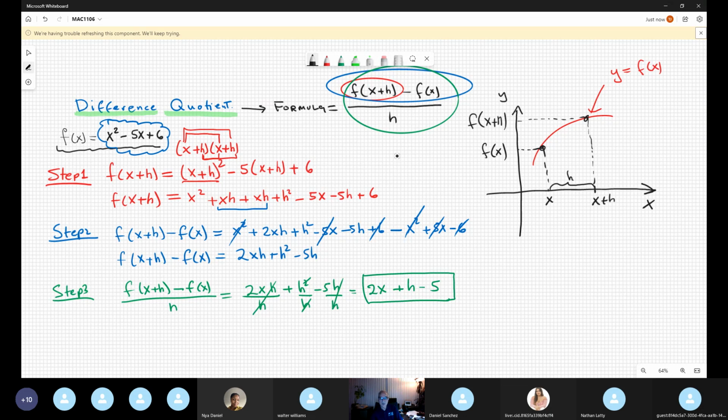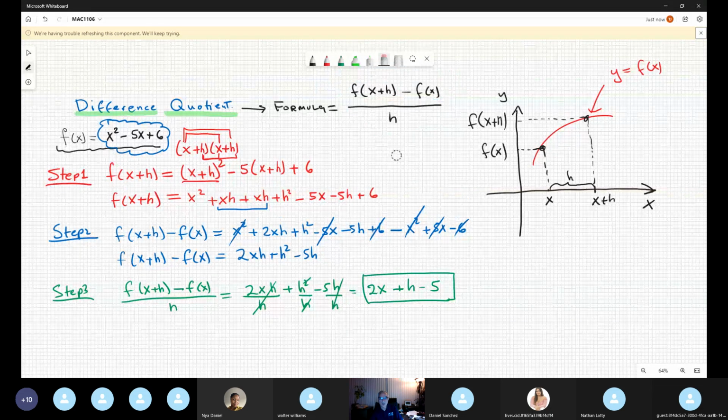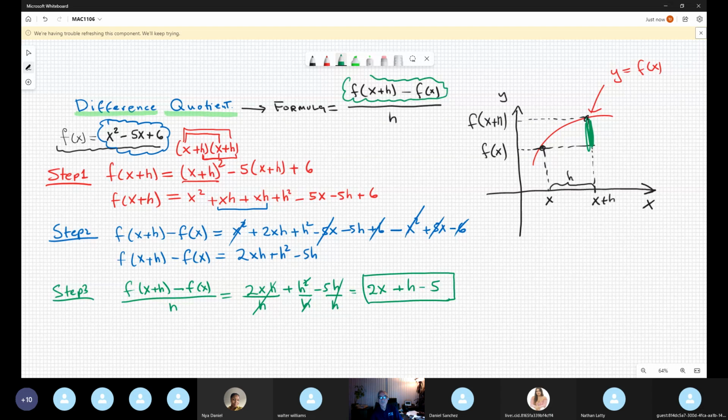So in the top part of the formula, you have one segment, which is f of x plus h minus f of x. This segment represents that part. And this segment represents h. Oh, so I understand now.